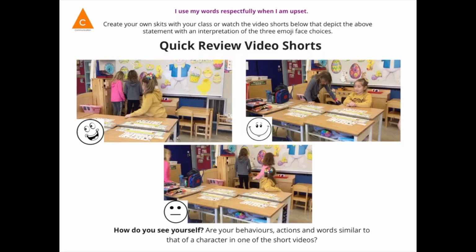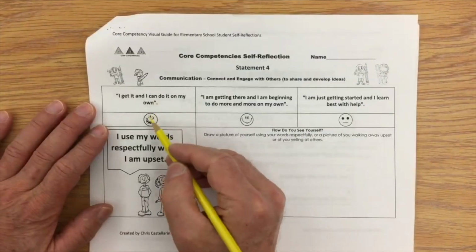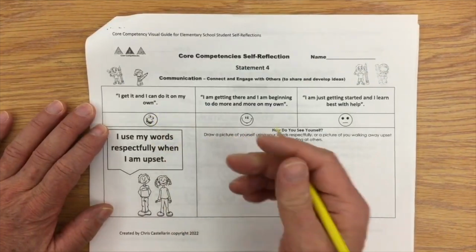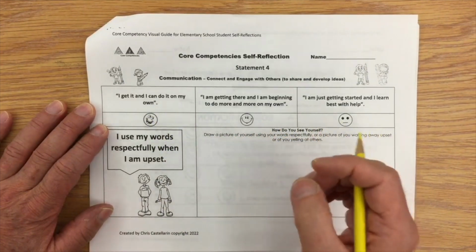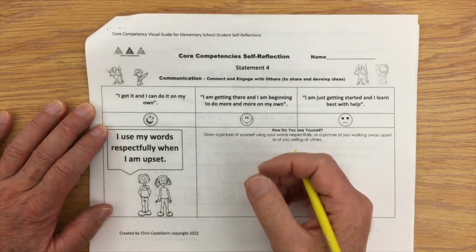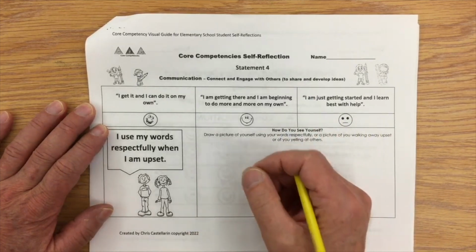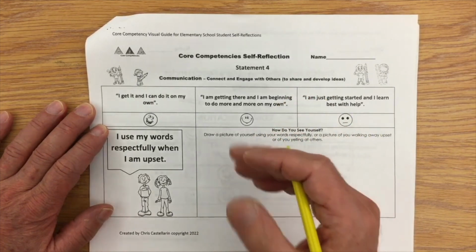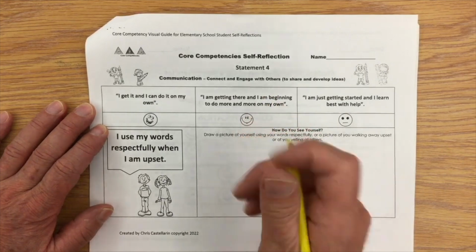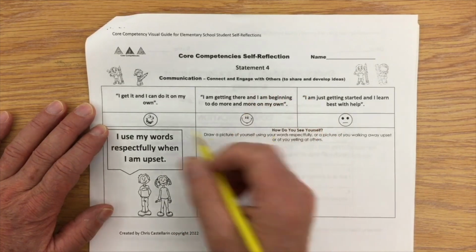Are your behaviors, actions, and words similar to that of a character in one of the short videos, storybooks or pictures? If we choose this big smiley face, we're saying, I get it. I can do it on my own. When I'm upset, I know that by myself I can calm myself down, use polite words, and speak in a normal, quiet voice with no shouting.